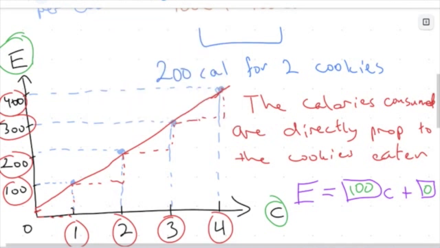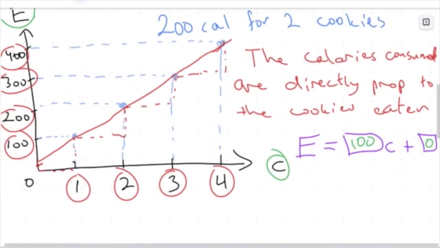Now, I could have also found this with rise over run. I could have gone, okay, well, m equals, it goes up by 100 for each change in one, and that once again gives me 100. I could have done this in both ways, but the gradient just tells us how one thing changes with another. And here, for each cookie I consume, my energy goes up by 100 each time.